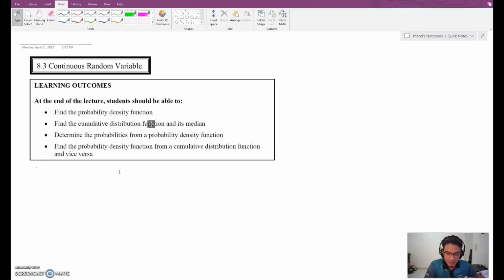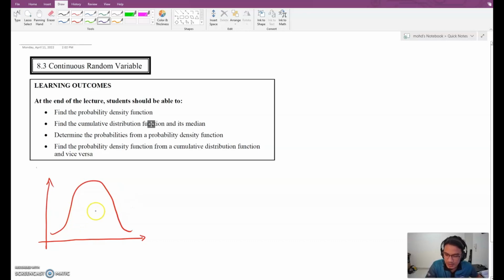Okay, in order to explain the continuous random variable, I will show it in terms of a graph. Let's say we have a continuous random variable with a graph like this. For a continuous random variable, the area under the graph represents the probability.